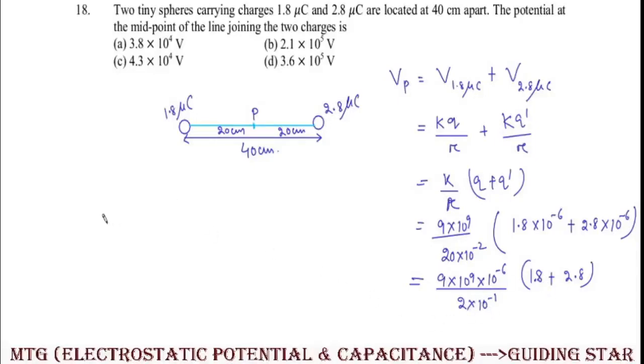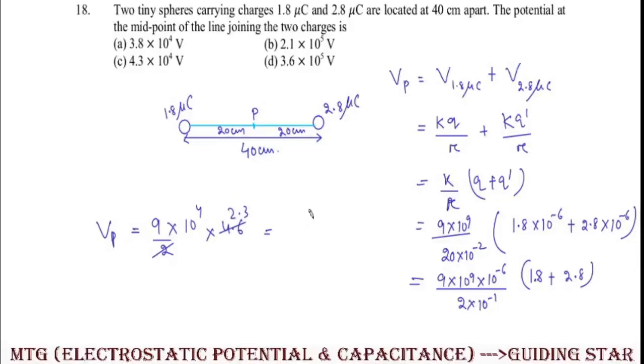So the potential at P will be 9 into 10 to the power 4 divided by 2 into 4.6. So it will be 2.3.